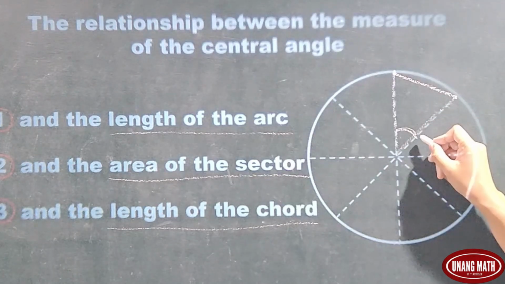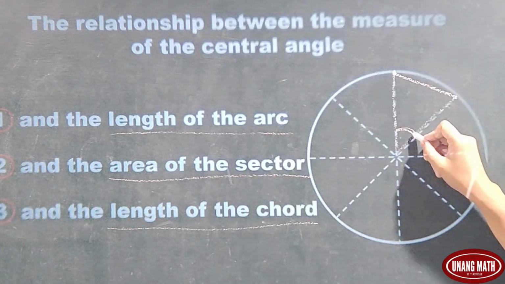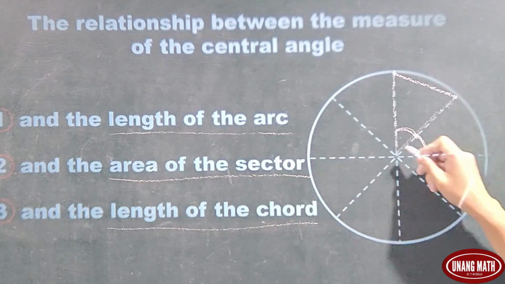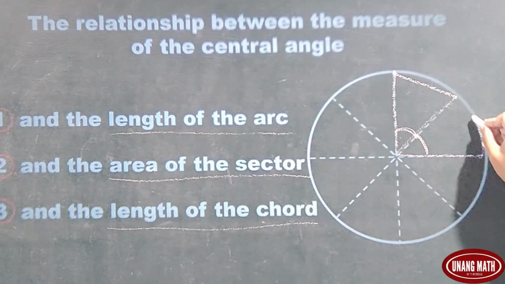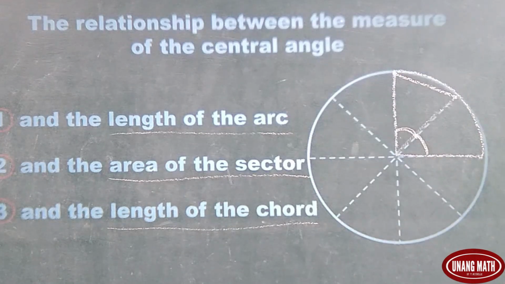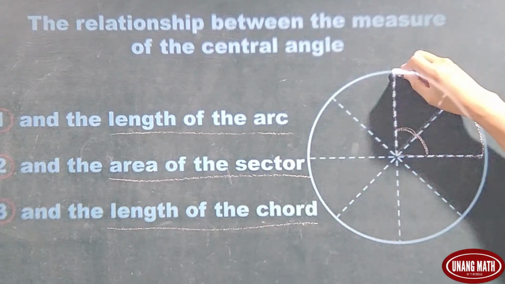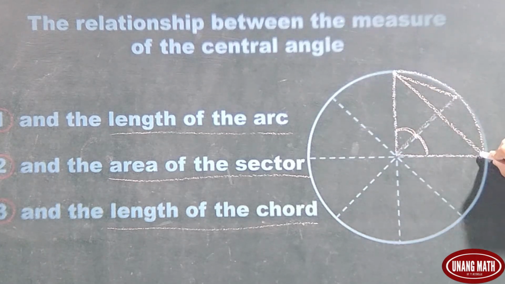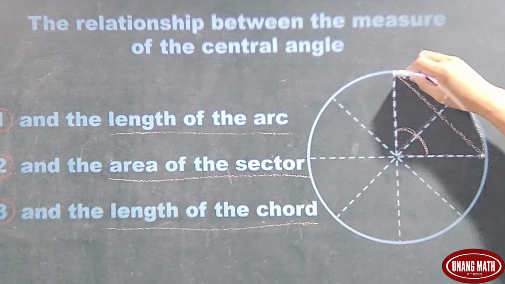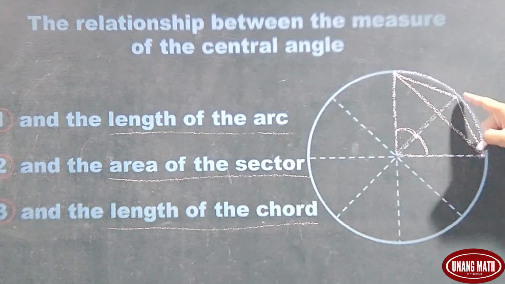If I double my central angle, so I include this part, this is now my sector. Okay, the chord is from this point up to this point. The chord will not be this line.